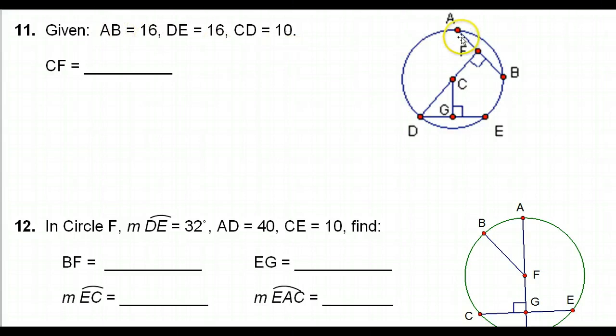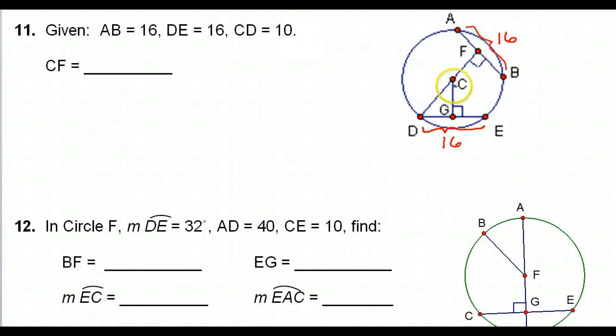I think it works best if you sort of mark things on the picture as you go. So, AB is 16. That means the length of segment AB is 16. So there's that. What else do we have? DE is 16. So that means this chord is also 16.